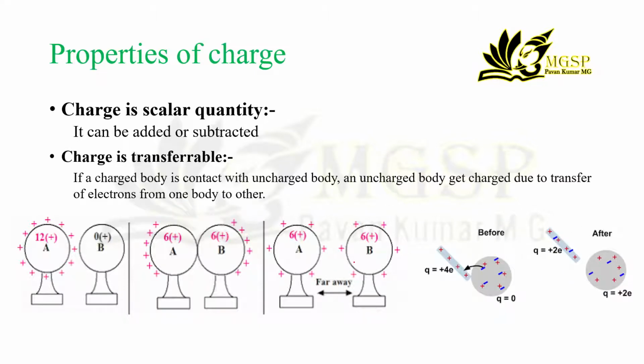Next, let's consider another example. Consider a rod of charge plus 4e. When it is made to contact with a sphere of Q equal to 0, charges get transferred from the rod to the sphere, so that now the charge becomes plus 2e.